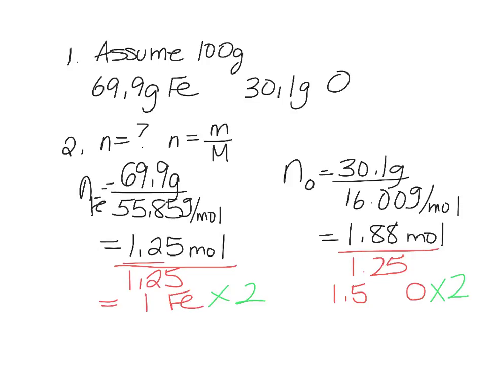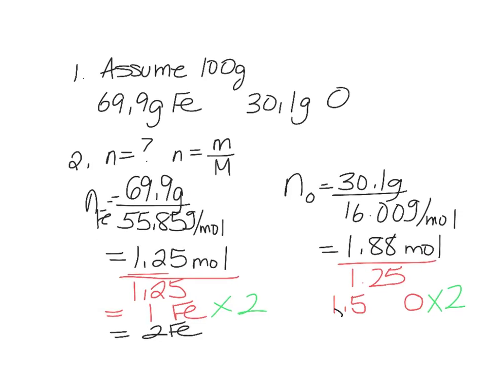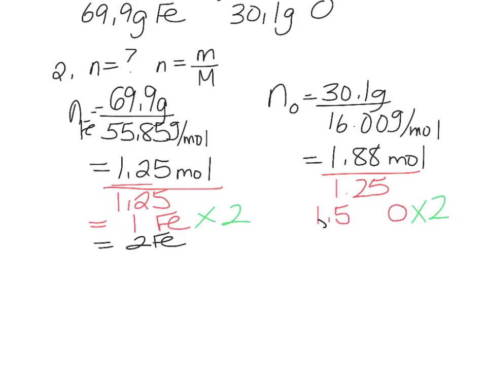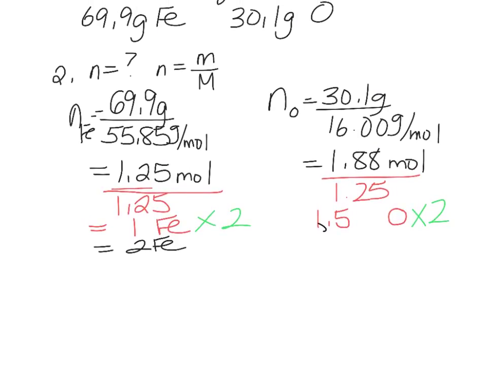Wait, so 1.88 divided by 1.25 is 1.5? Yeah. So then we end up with 2 Fe's and 3 oxygens.